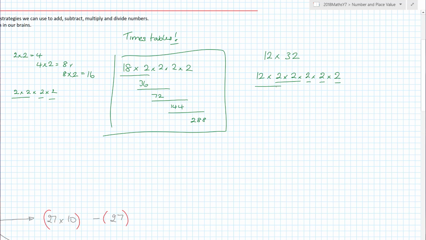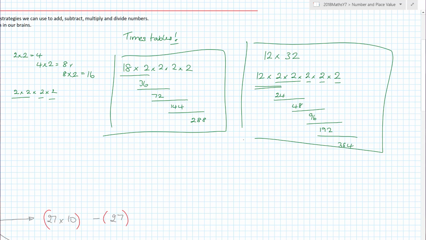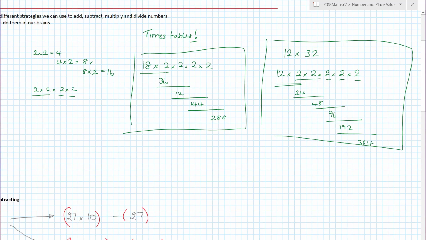So I can now do 12 times 2 is 24, times by 2, 48, times by 2, 96, times by 2, 192, and times by 2 again gives me 384. So 12 times 32, just by using mental strategies, timesing by 2, or pencil and paper, saves me from having to use my calculator.